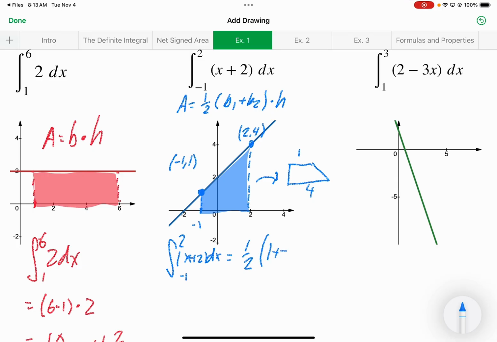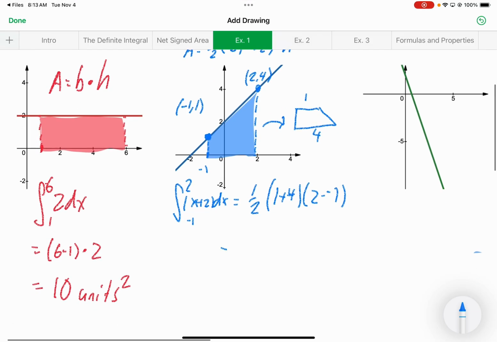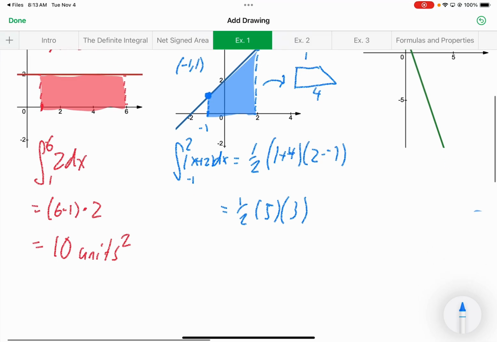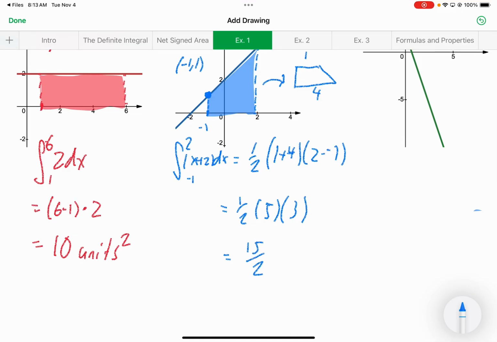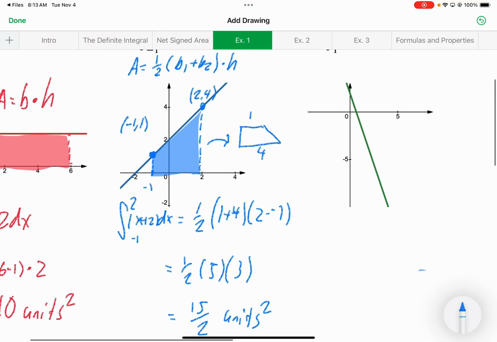So I'm going to have 1 plus 4, and then times my overall height, which is the difference from 2 and -1. So 1/2 times 5 times 3. So 15 halves units squared. Okay. All right.